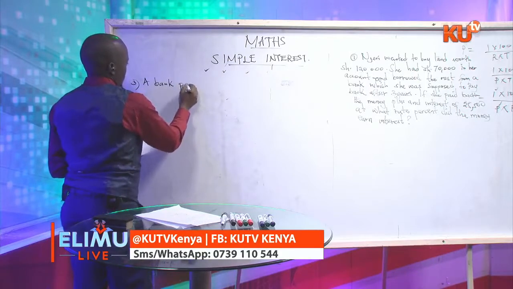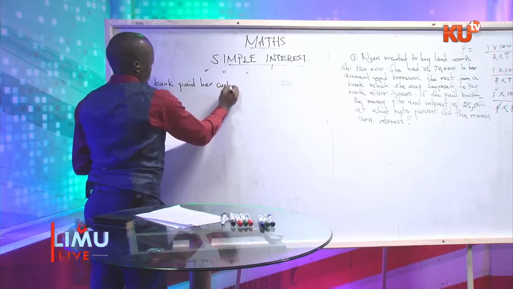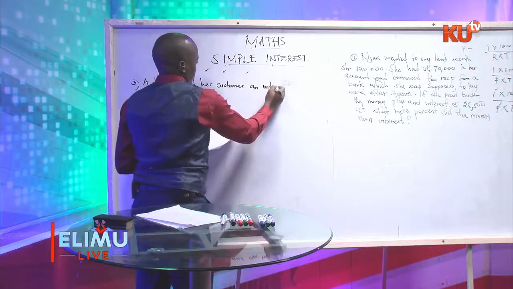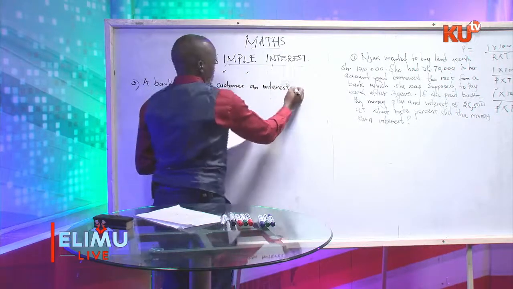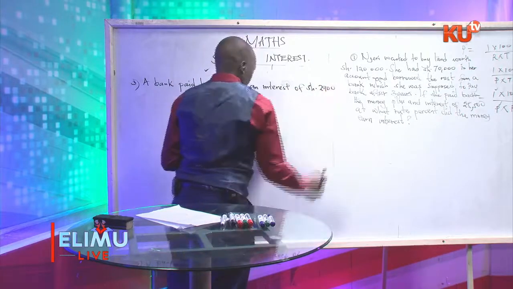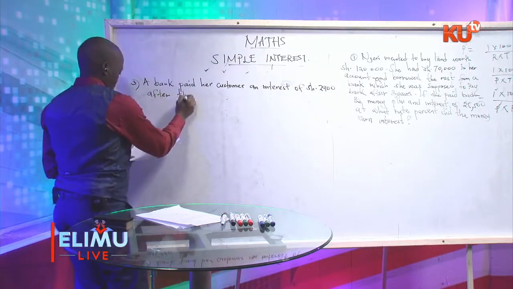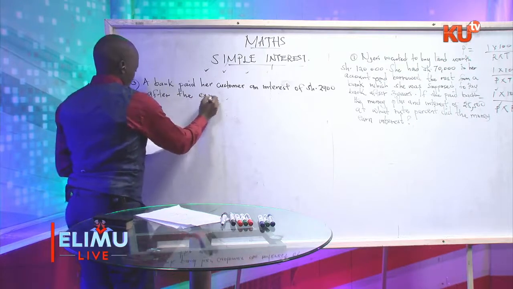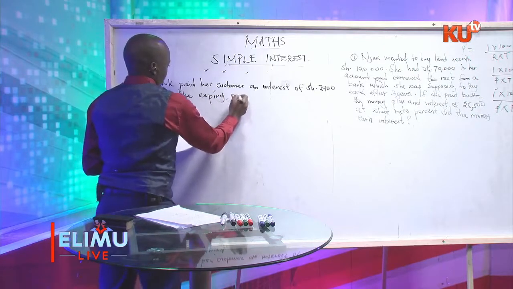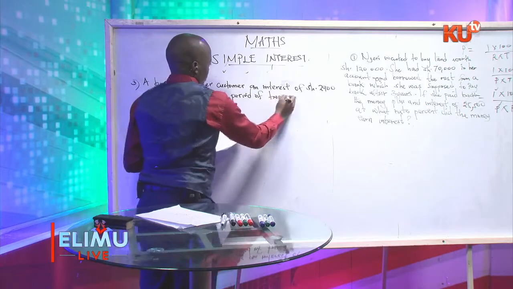A bank paid her customer an interest of 2,900 shillings after the expiry period of 2 years.